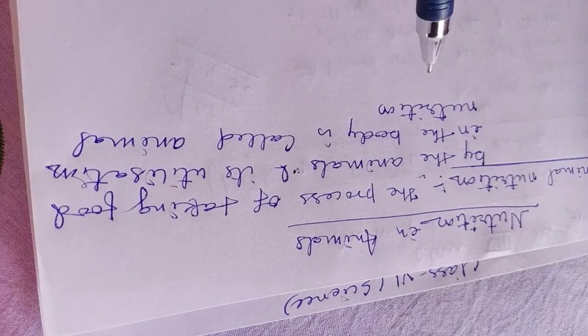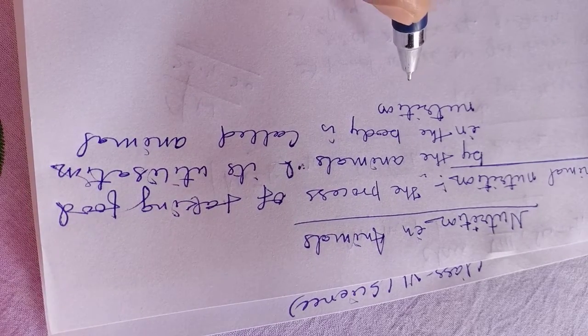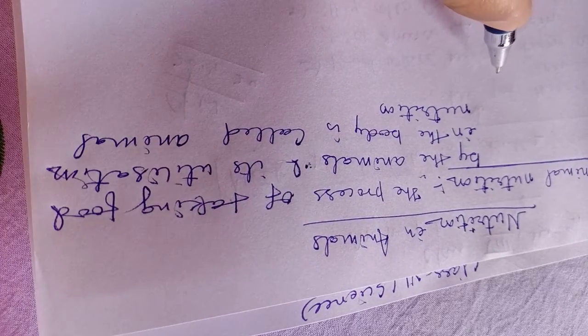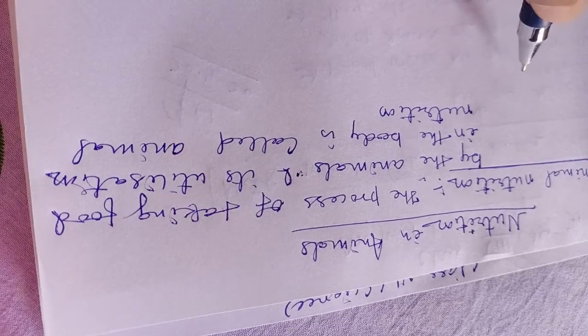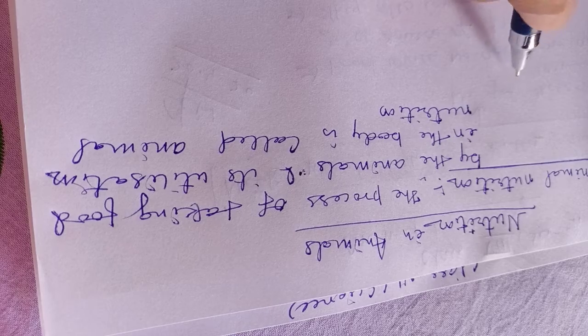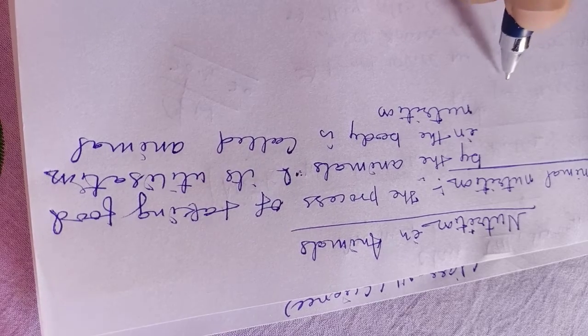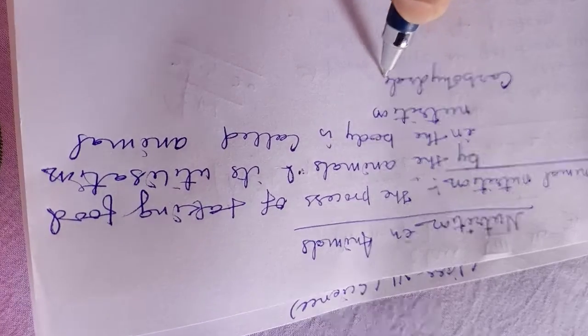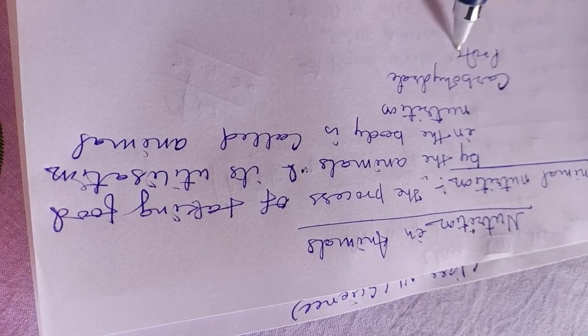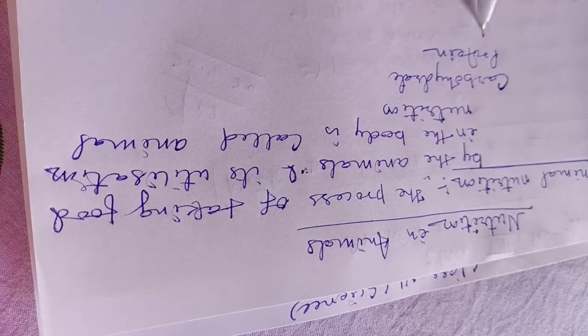Now you know that different food components are taken by animals, and these food components may be carbohydrate, protein, fats.